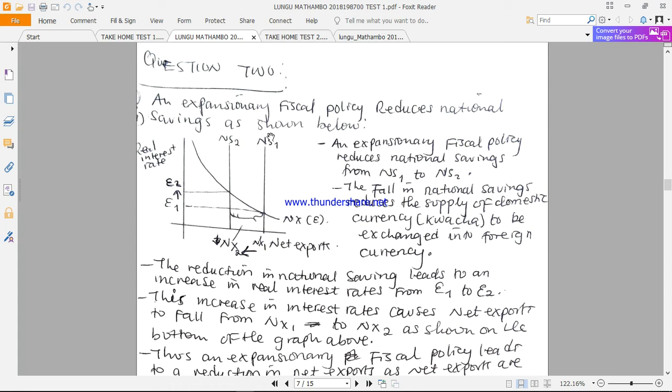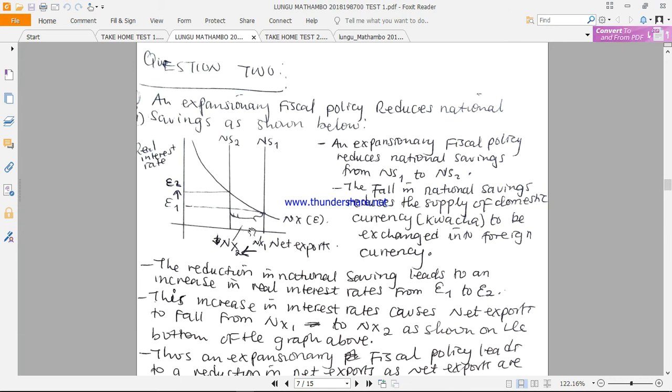So if the government engages in expansionary fiscal policy, given that the supply of national savings is constant, we expect this government to approach BOZ, to approach Zanaco and say, give us money, we're going to pay you later. What we want is to engage in expansionary fiscal policy. So savings are going to reduce, because the government does not borrow 2 kwachas, they borrow billions of kwachas. Because of that, national savings are going to reduce, from that one to that one there.